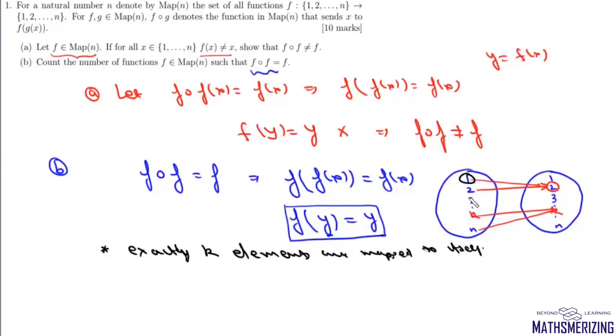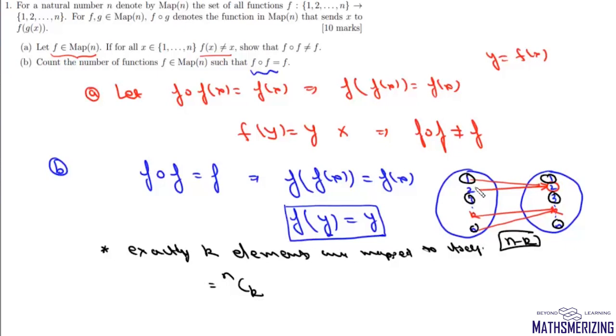So first we'll need to select which k elements. From these n, we'll need to select k elements, and it can be done in nCk ways. Now once we have selected these k elements which are mapped to themselves, we have the remaining n minus k elements, and each of these elements can be mapped to any of these k elements.